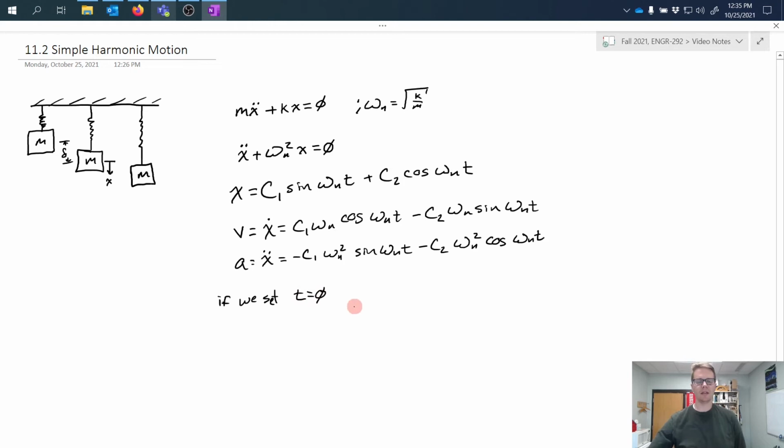So we define a specific position at t equals 0 and say that x at t equals 0 is equal to some initial position, x naught, and v at t equals 0 is equal to some initial velocity, v naught.